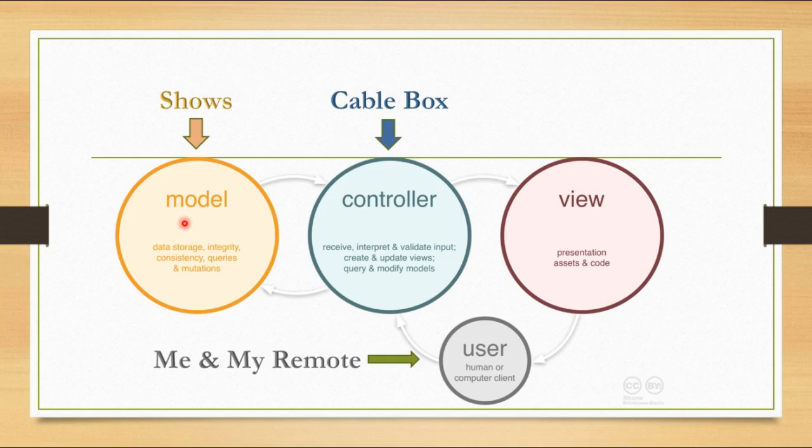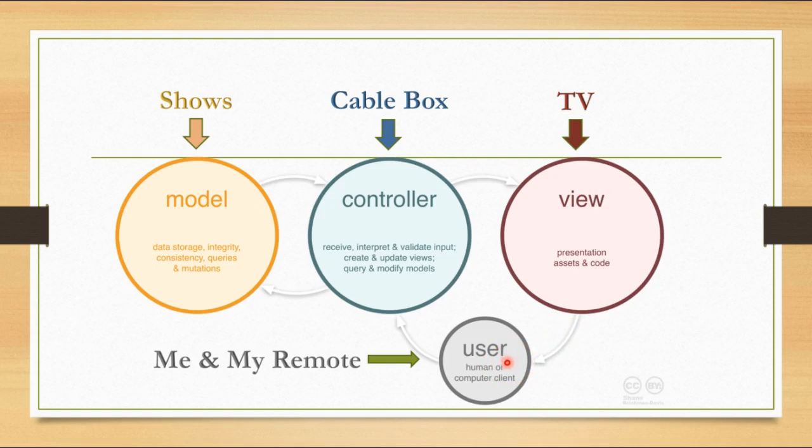It returns its content back to the controller. The controller may or may not modify the model it gets, and then sends that to the viewer, which is our TV. The view then returns this content back to the user.